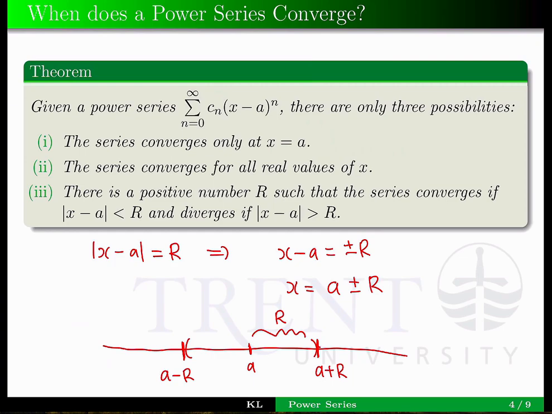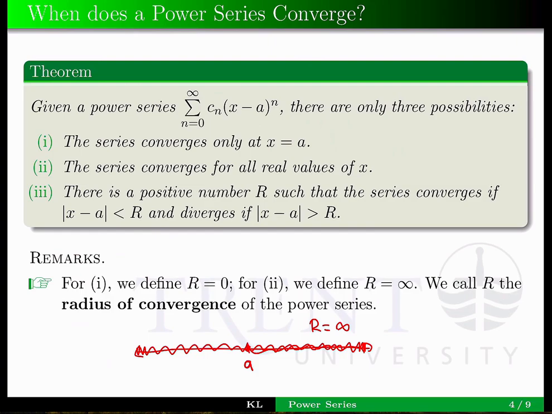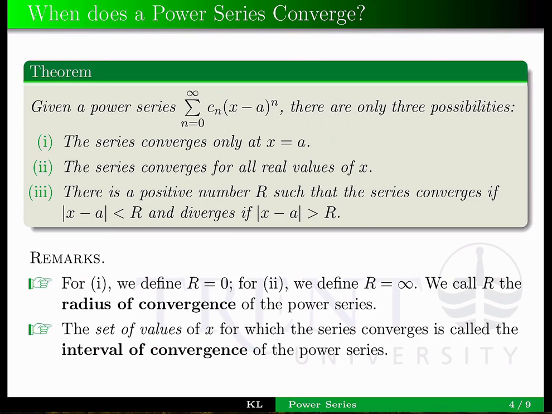So the power series is convergent for all x's that are within this r radius from a. Okay? So we call that the radius of convergence. And then the set of all values of x for which the series converges, we call the interval of convergence of the power series. Okay?